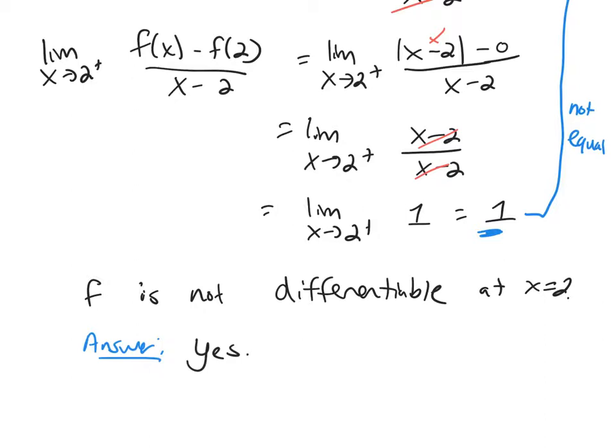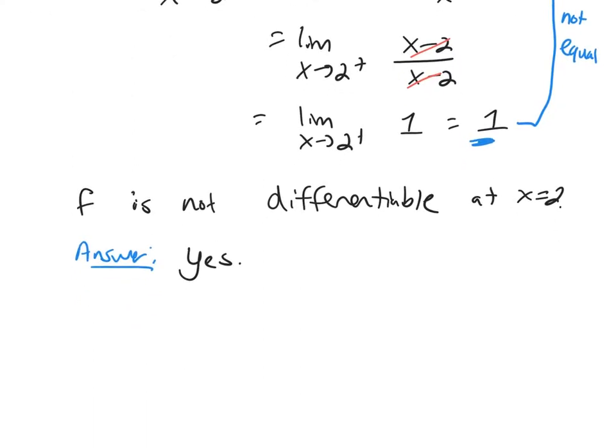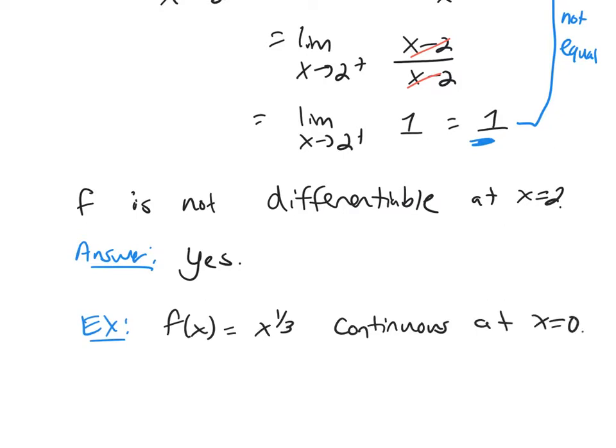Let's look at one more problem relating to this idea of continuous and differentiable. Let's look at this example. Let's look at the function x to the 1/3. If you graph it, you'll see that this function is continuous at x equals 0.